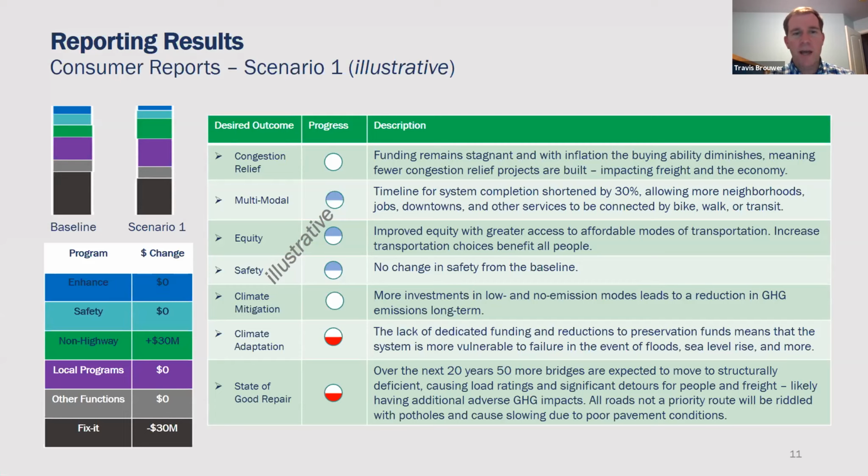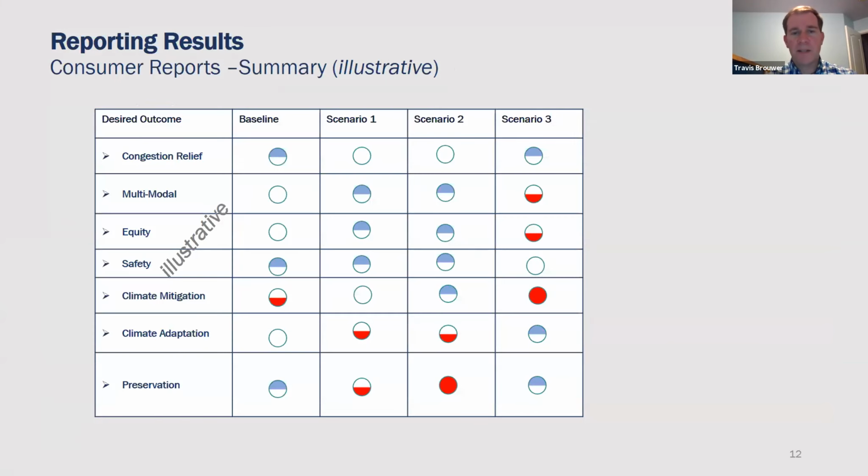We're looking at things like congestion relief and multimodal accessibility, equity, safety, climate mitigation, adaptation, and the state of good repair of the system. So each of these scenarios will be judged by how much progress they make toward those goals compared to the other baseline scenarios. When we have that, we'll have essentially a summary of all of these scenarios.